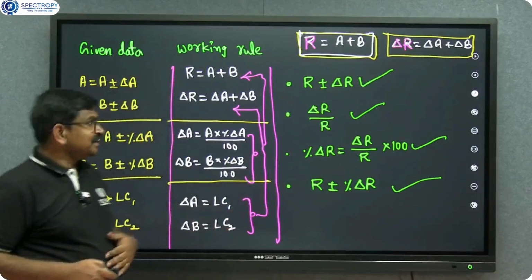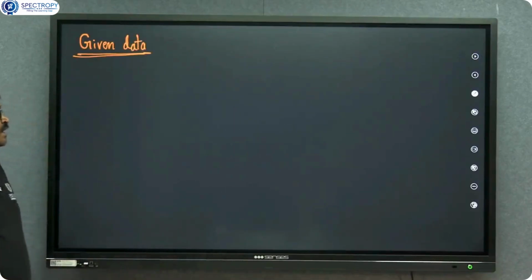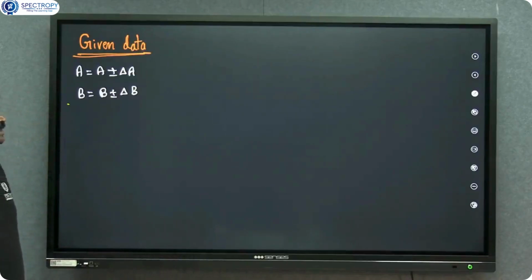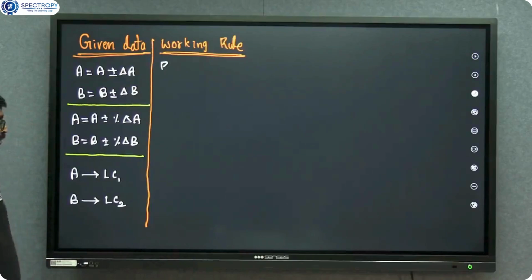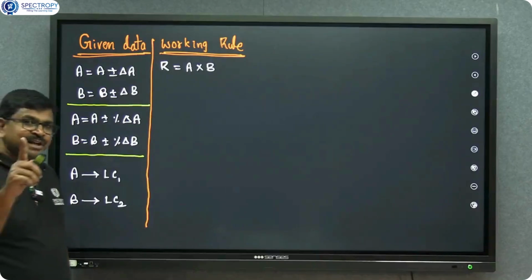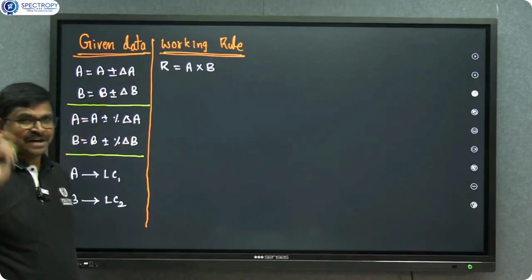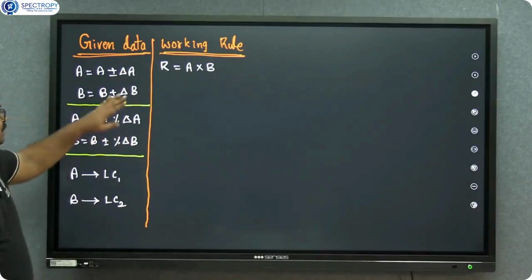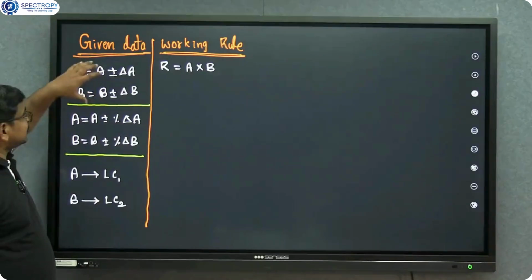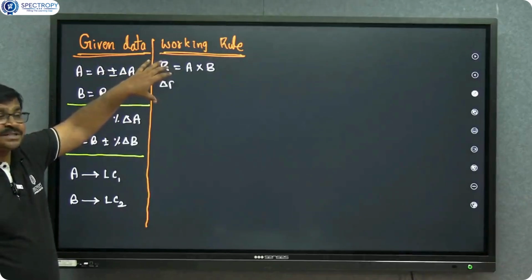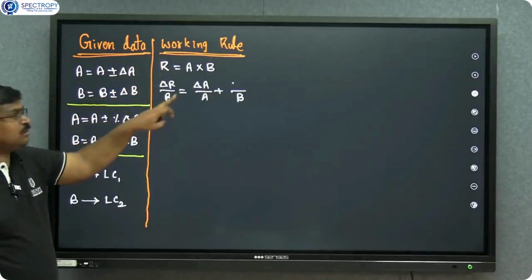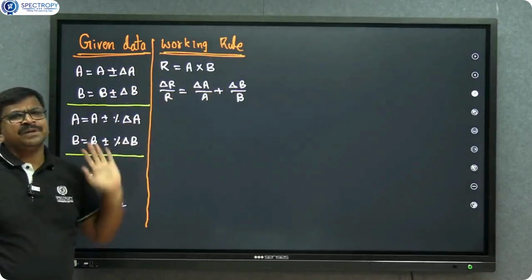And let us see the case of multiplication and division. In the case of multiplication and division, please keep in mind, for multiplication, relative errors are added or percentage errors are added. If the given data is absolute, use the formula: relative errors are added, that is delta r by r equal to delta a by a plus delta b by b.